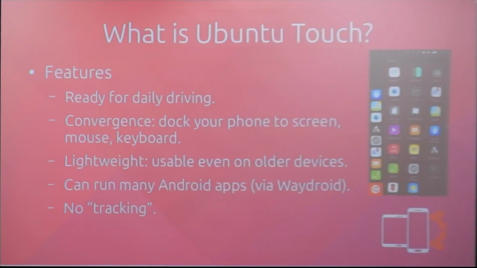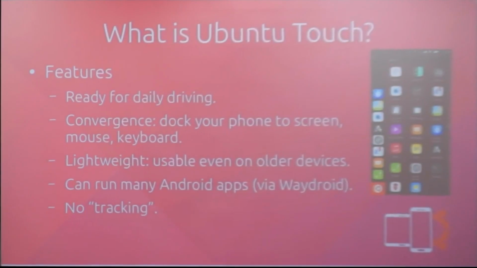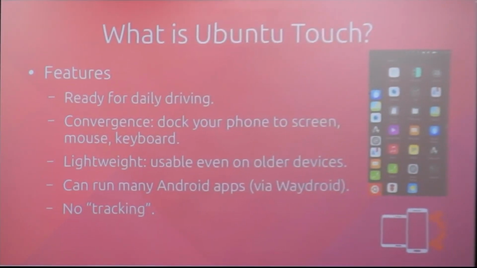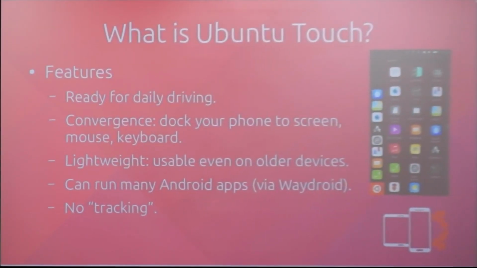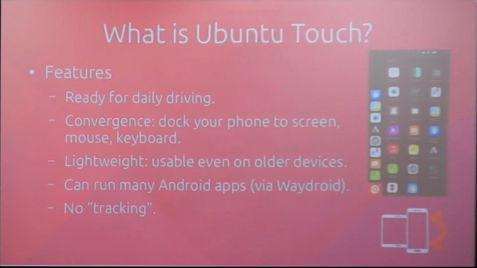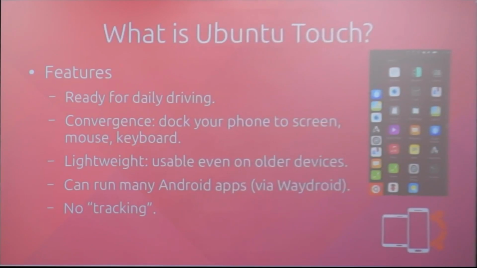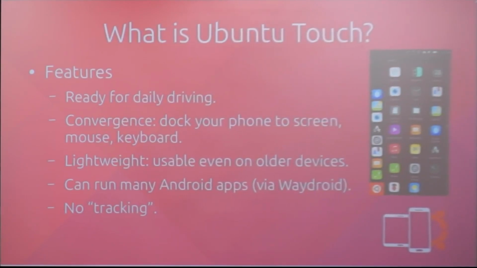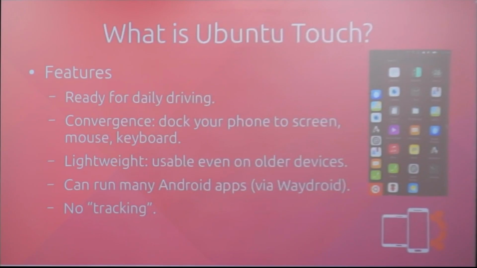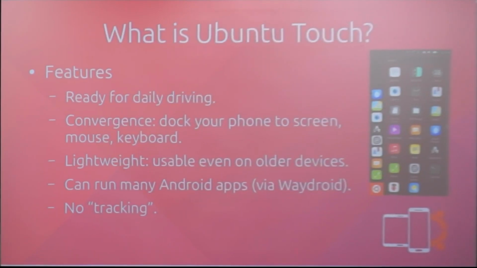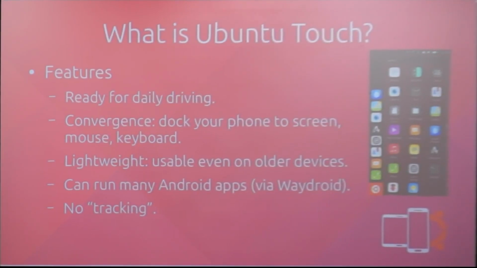Then we have convergence, which is the ability to dock your smartphone to a screen, keyboard, and mouse, and then you can work as if it is your computer. Ubuntu Touch is lightweight, which means it's usable even on older devices. This translates to longer up-to-date software for that device, which prolongs its usefulness.